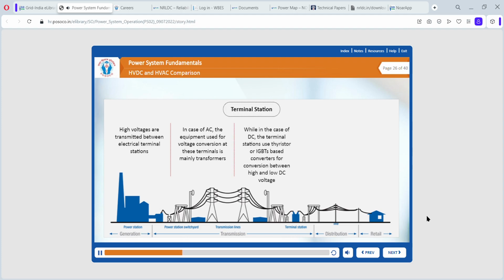While in the case of DC, the terminal stations use thyristor or IGBT-based converters for conversion between high and low DC voltage. Since the transformers are more reliable and cheaper than these solid-state converters, AC terminal stations are cheaper than DC terminal stations. Therefore, voltage conversion in DC is more expensive than AC.